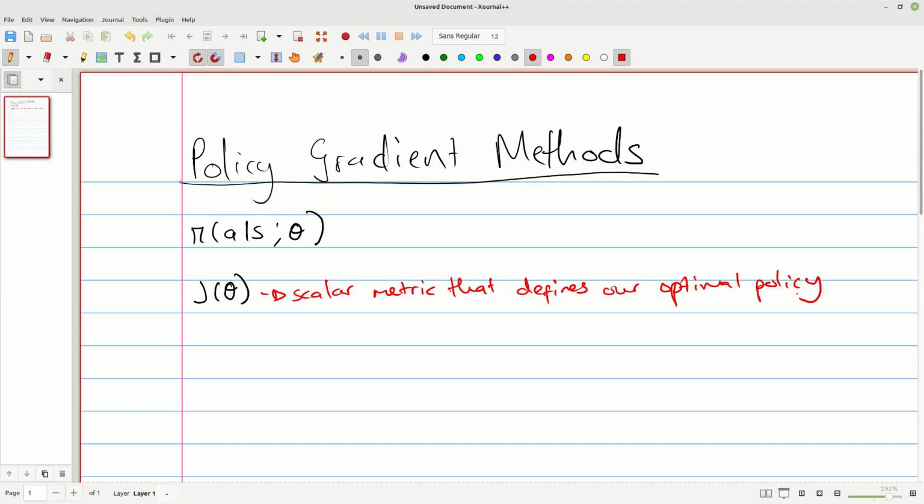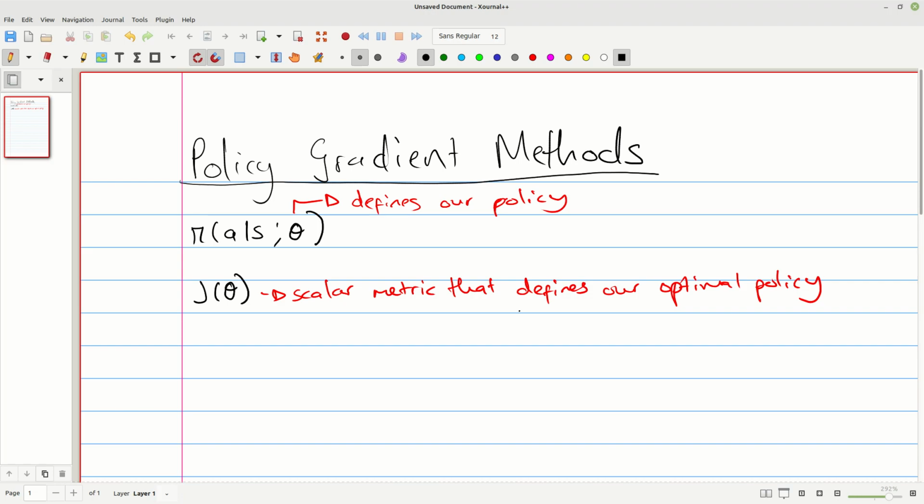We know that this theta essentially defines our policy, because as we change the value of theta, our policy changes. So this is the parameter we're trying to control in order to determine the optimal policy we should have. So we have some scalar metric that defines our optimal policy, which we define as J theta.